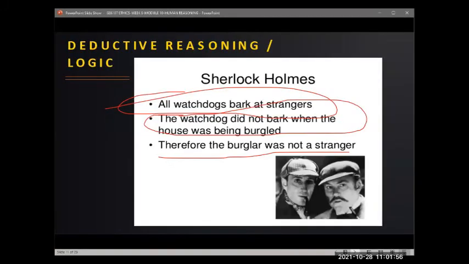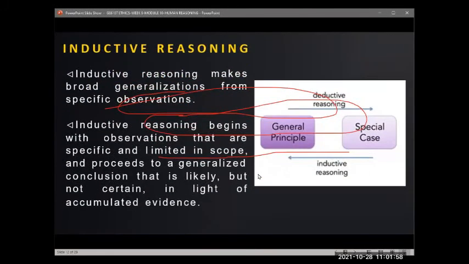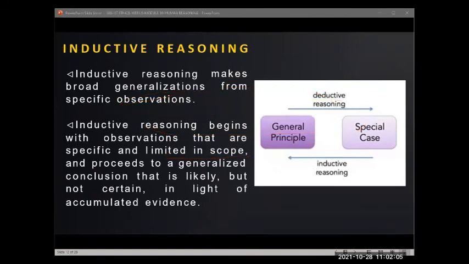Next, let's move on to the second type of reasoning, inductive reasoning. Inductive reasoning makes broad generalizations from specific observations.